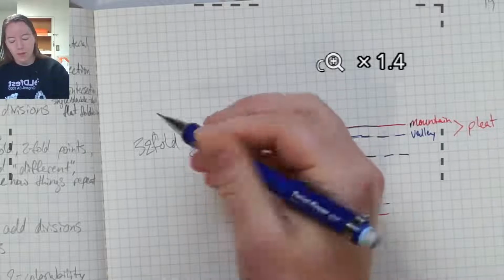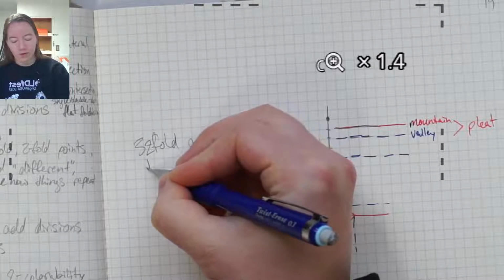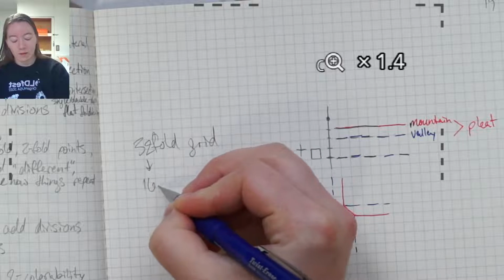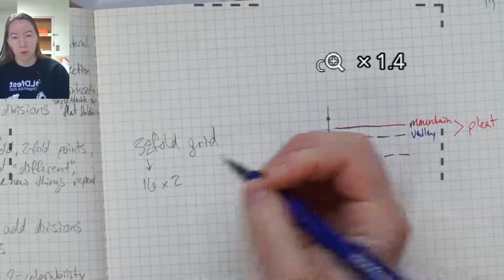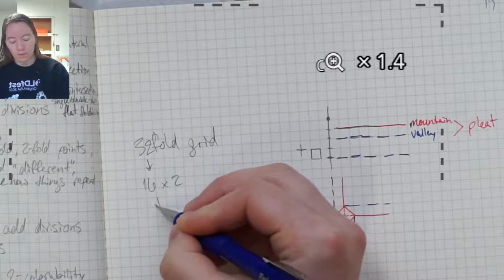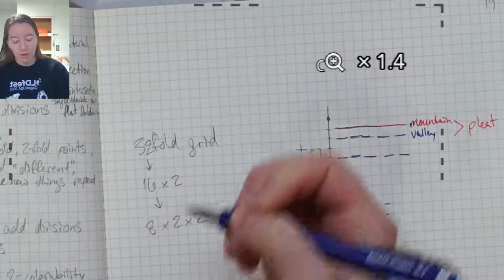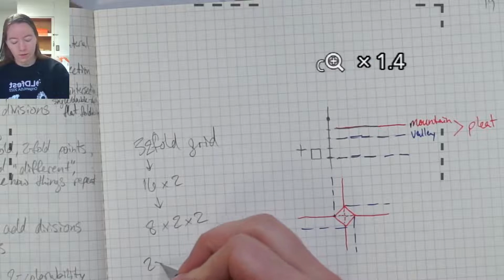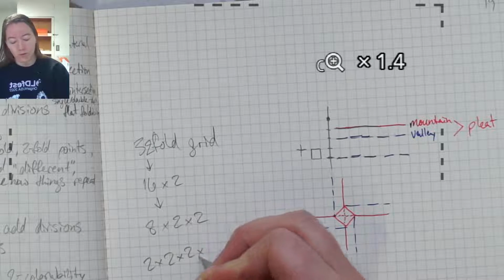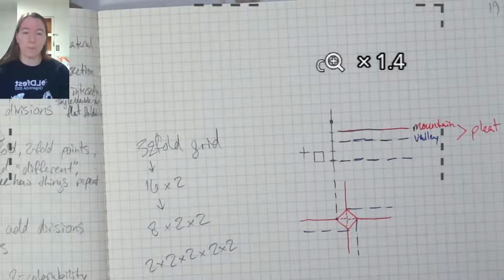Well, that is twice as many divisions as a 16-fold grid, which is an 8 times 2 times 2. And I'll shortcut to the end. This is 2 times 2 times 2 times 2 times 2.